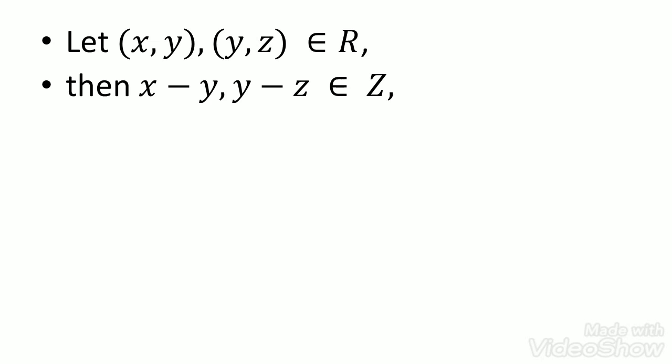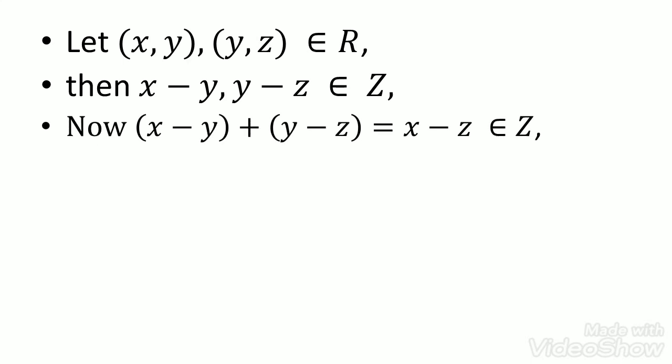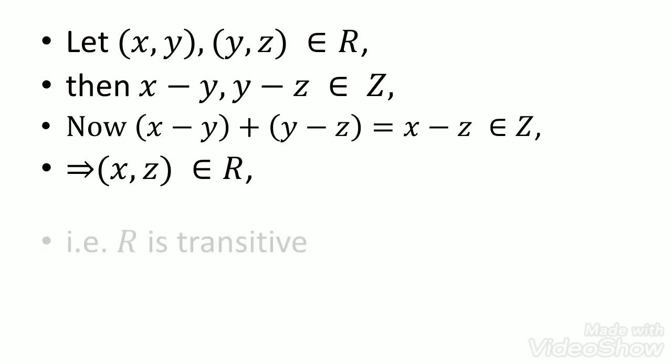Now (x minus y) plus (y minus z), the sum of two integers, is equal to x minus z, which must also be an integer. And that way we can say that (x, z) belongs to R, because x minus z belongs to Z, and that gives us that R is a transitive relation.